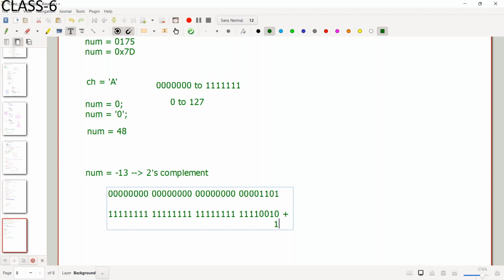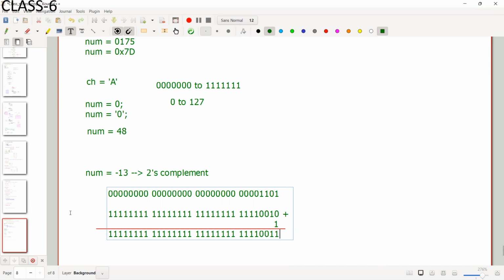Adding 1, 0 plus 1 will be 1 itself, so 1 1, then 0 0, and the rest all will be 1s.